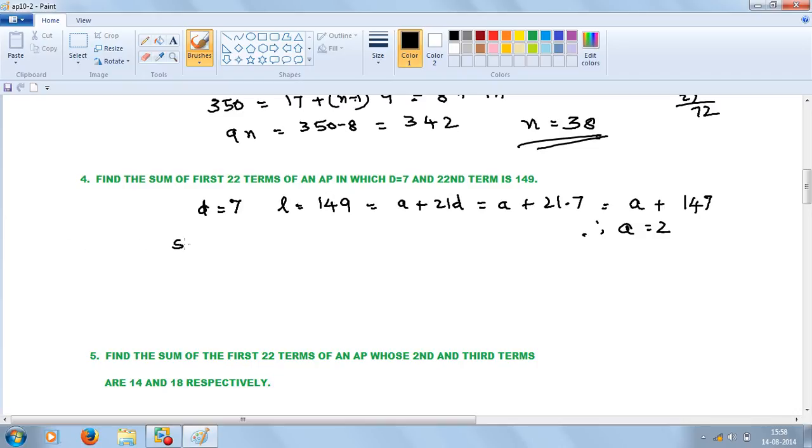Now what is Sn? Sn is equal to n by 2 multiplied by (A plus L). For 22 terms, n is equal to 22, given. So 22 divided by 2 multiplied by (A plus L). The first term is 2 and the last term is 149.